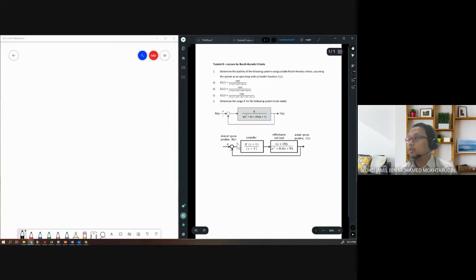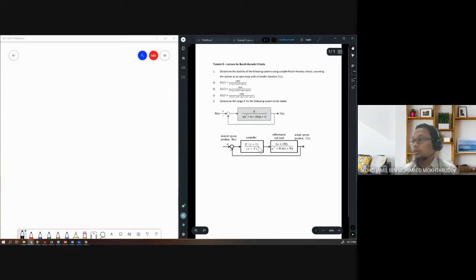So today let's do question number 2, second block diagram, and then we will continue with the lectures. On the second block diagram, there are two blocks arranged in cascade: the controller, and the actuator and load.